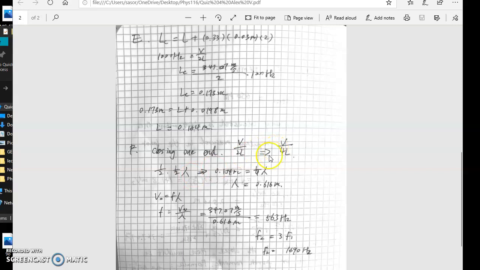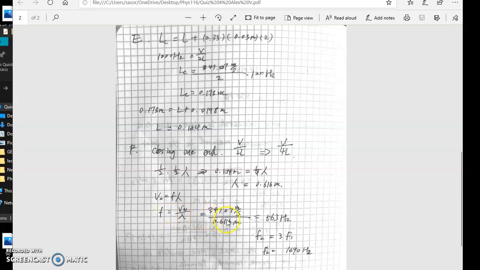So it would just be multiplied by a factor of 1/2, and then it becomes 1/4 times lambda, and that's the new wavelength. Now we know these two. We can find the frequency.